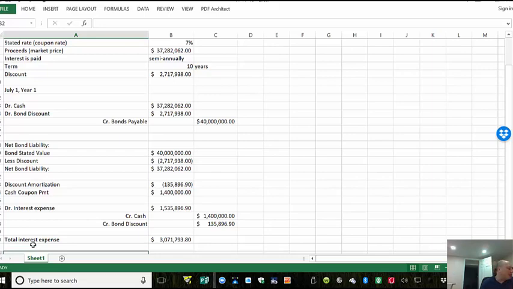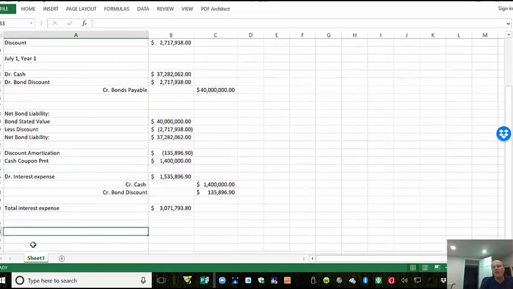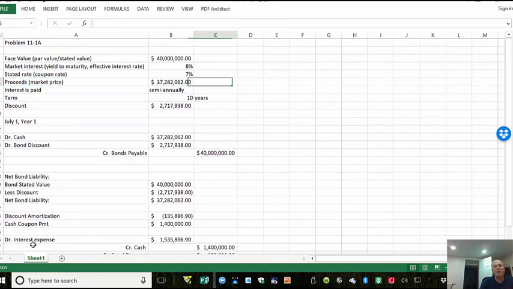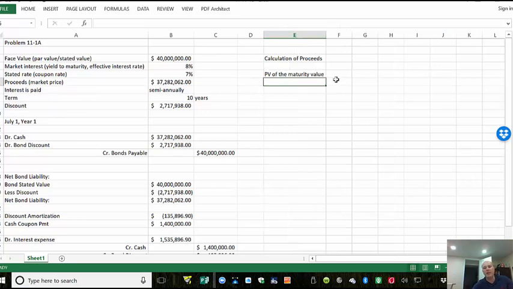Now, part 5 of the question asks, so how did we actually come up with the 37,282,062, right? How do we know that was the price? Well, that was calculated using the present value method. Let's do this here. Calculation of proceeds. So you need to calculate present value of the maturity value first, and that is the maturity value.